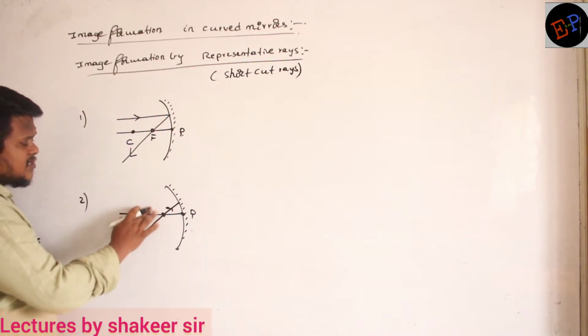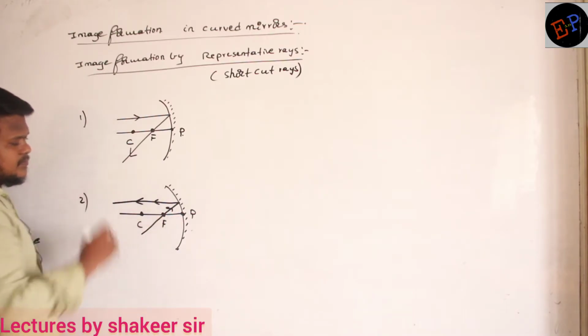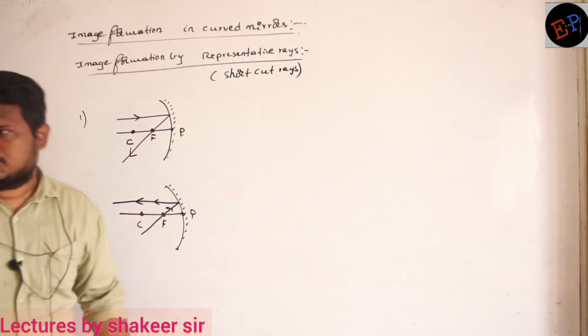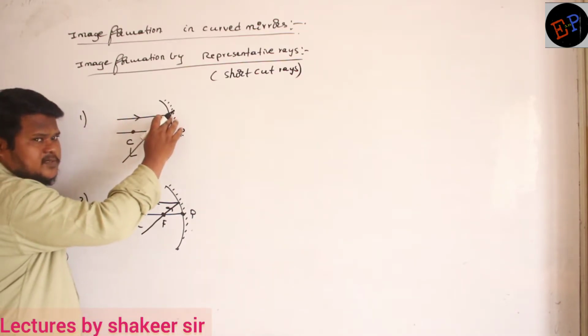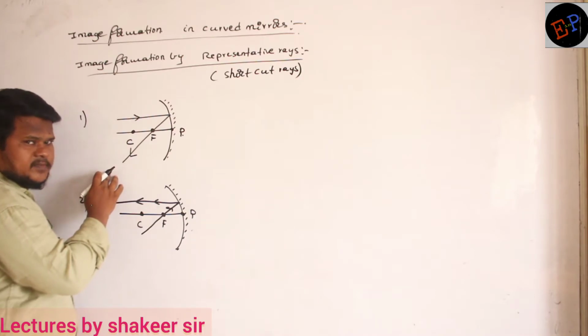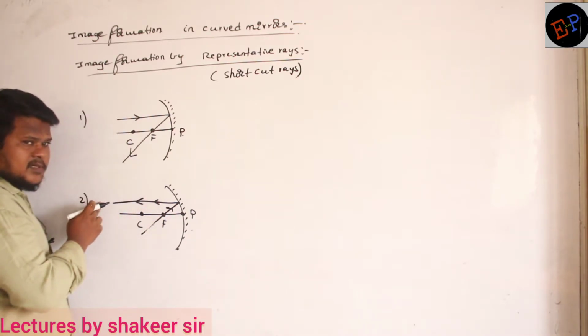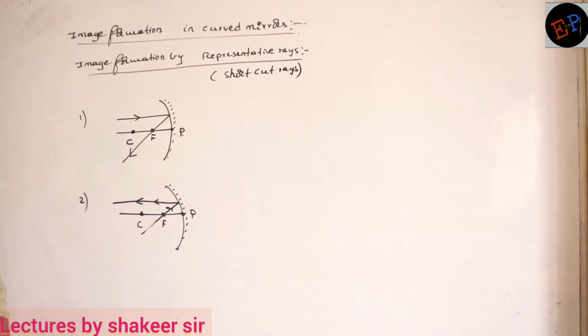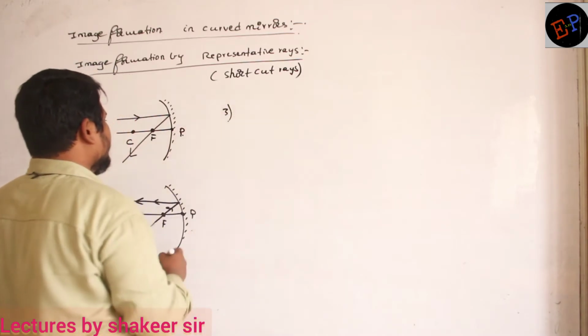Then after reflection, it should pass exactly parallel to the principal axis. This is understandable, no? If one light ray is passing parallel to the principal axis, after reflection it should pass through the focus. Another light ray passing through the focus, after reflection, should pass parallel to the principal axis. Are you able to understand? That is ray number 2. Let us draw one more ray, ray number 3. Clear?